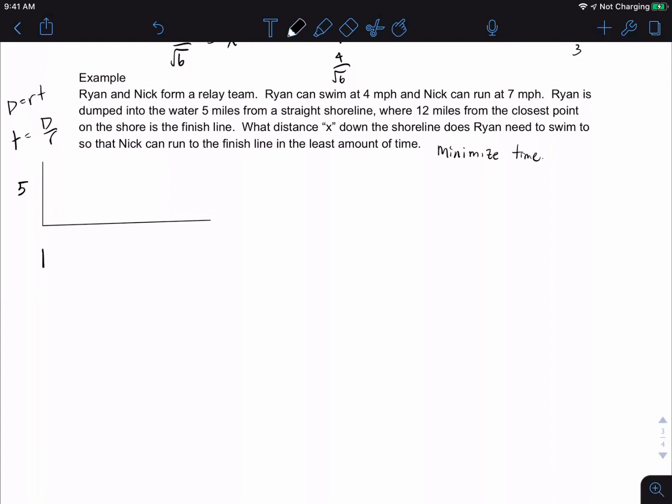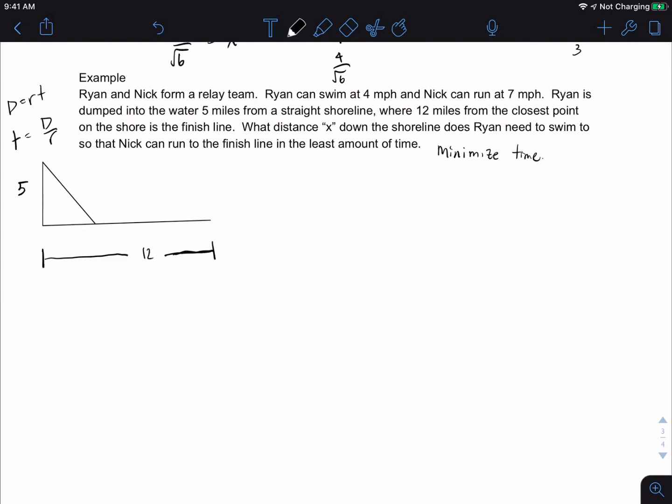I know that this distance is 12 miles, right? And we're trying to find out where Ryan should swim so that Nick has the shortest distance to minimize time, right?